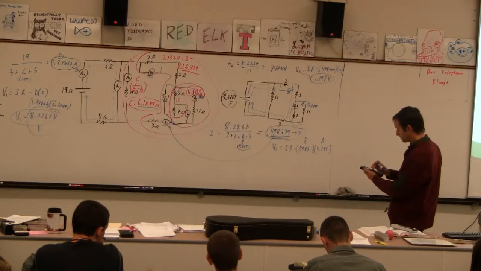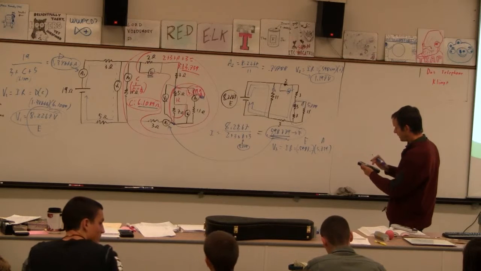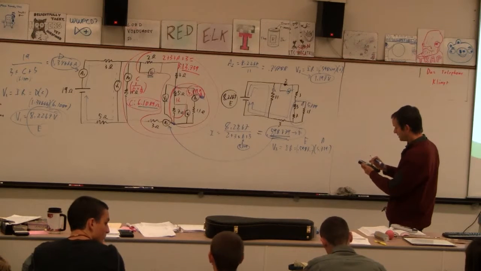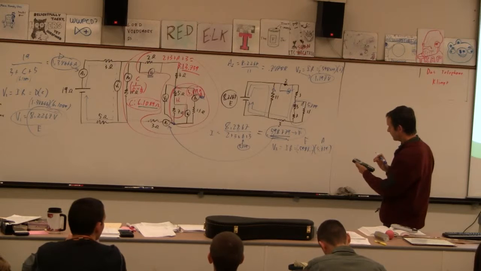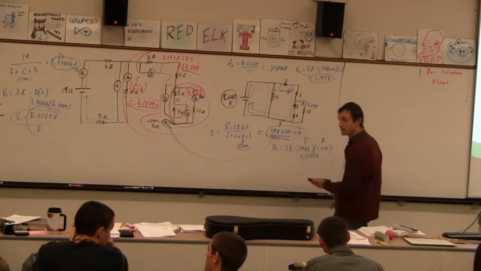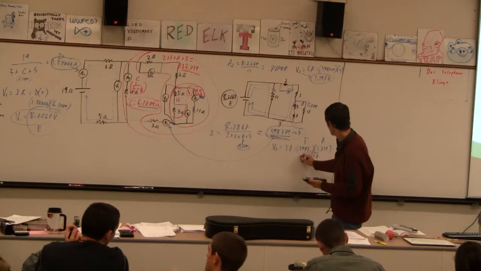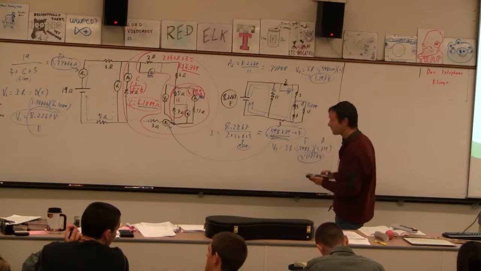So alpha F times alpha A, 3.436. Is that correct? Is that what V3 is? Do I have the right answer for V3?